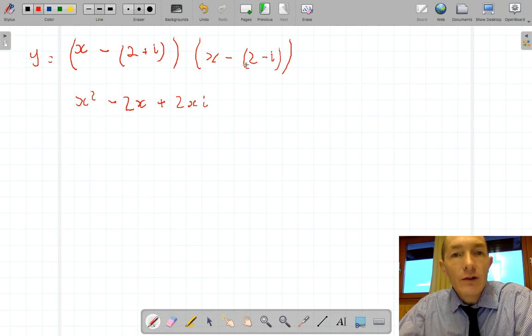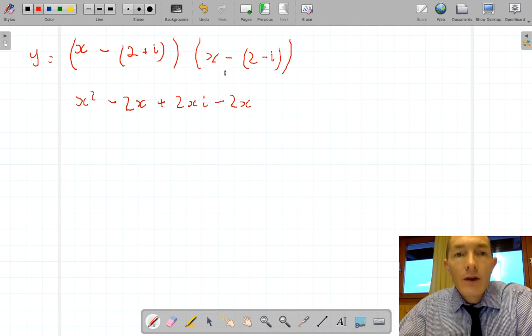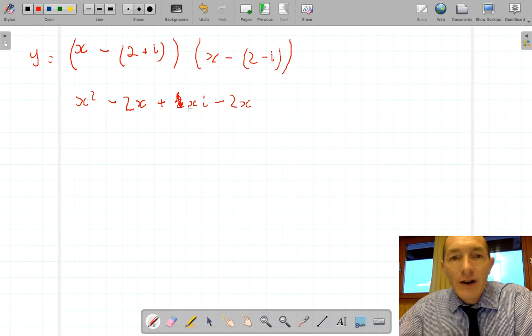It's a negative 2 times x, which is going to give me negative 2x. Sorry, I made a little mistake here. x times i is xi. And here we've got x times negative i, which is negative xi.